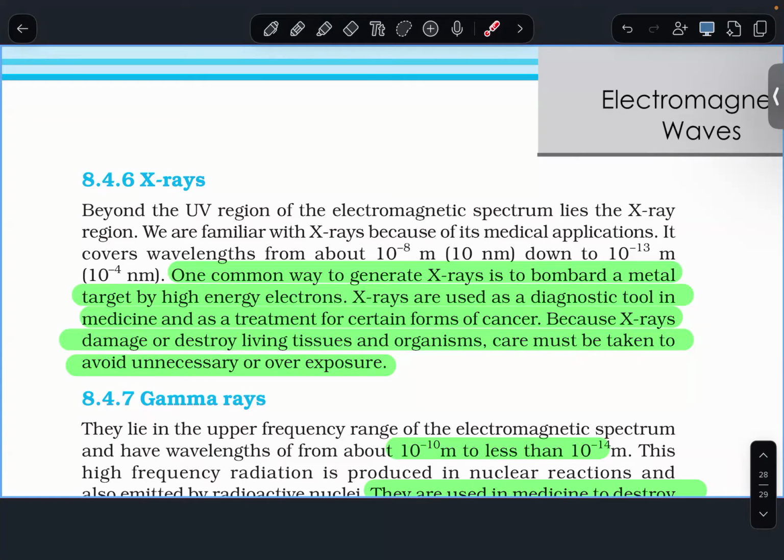So anyway, we will study this chapter later on. X-ray production we will study in modern physics.